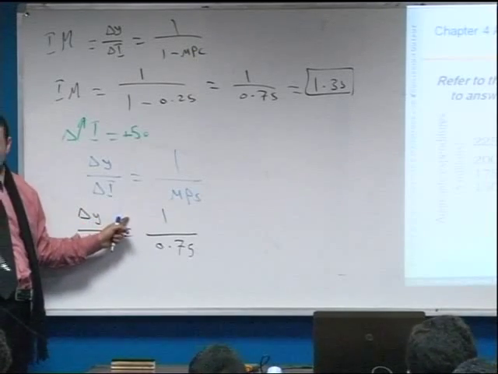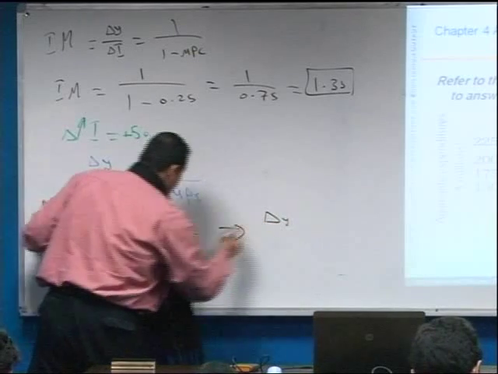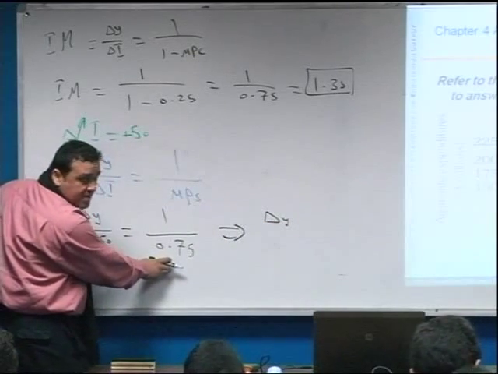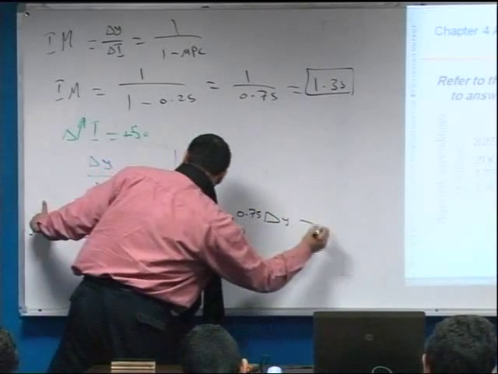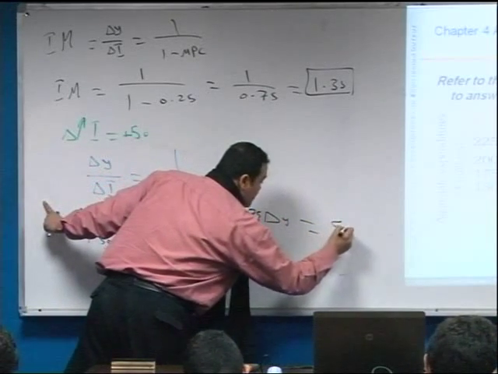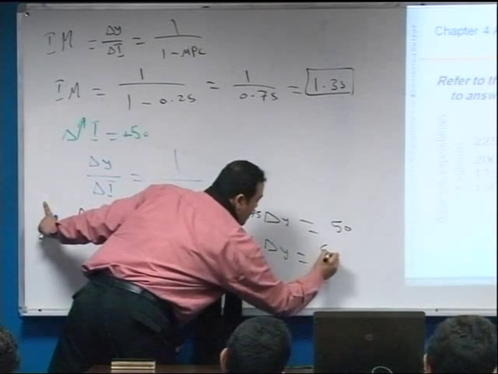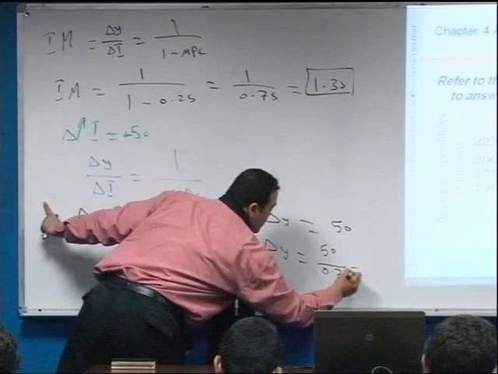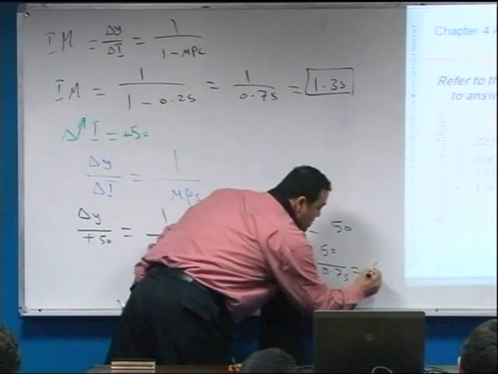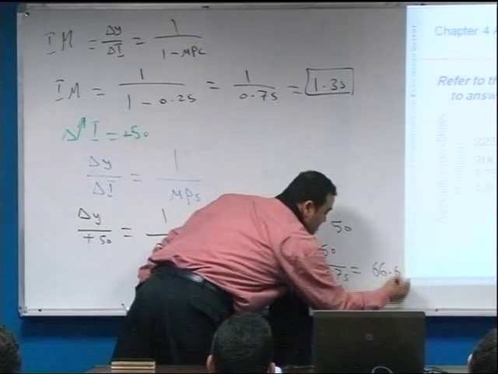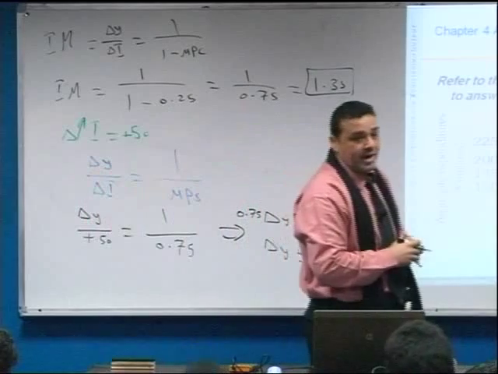Cross multiplying, 0.75 times delta Y equals 1 times 50 equals 50. So delta Y equals 50 over 0.75 equals how much? 66.6. This is the change in aggregate income or aggregate output.